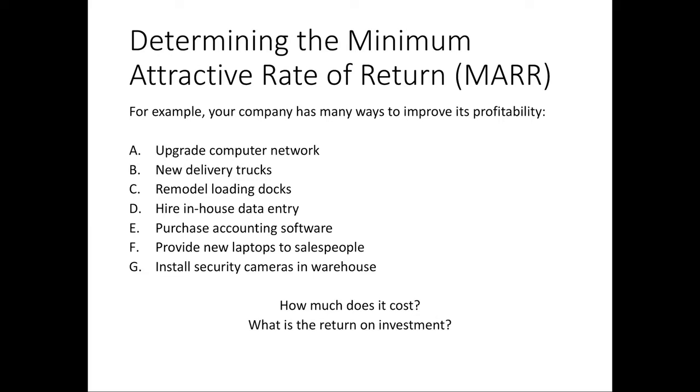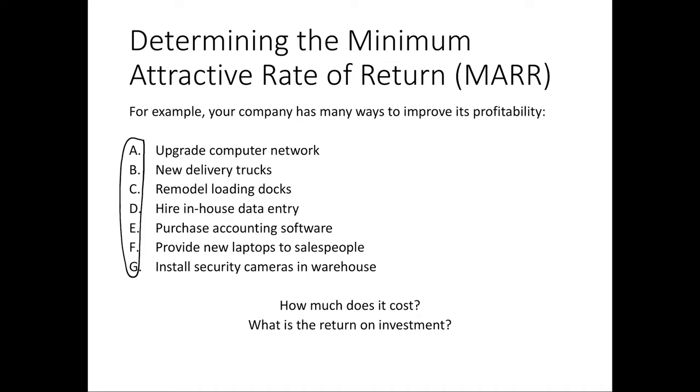For example, if your company has many ways to improve its profitability, so you have this many proposals, okay, from A to G. So proposal A is you can upgrade your computer network so that everything can be more efficient, okay? That will improve your efficiency so that you will have more revenue.